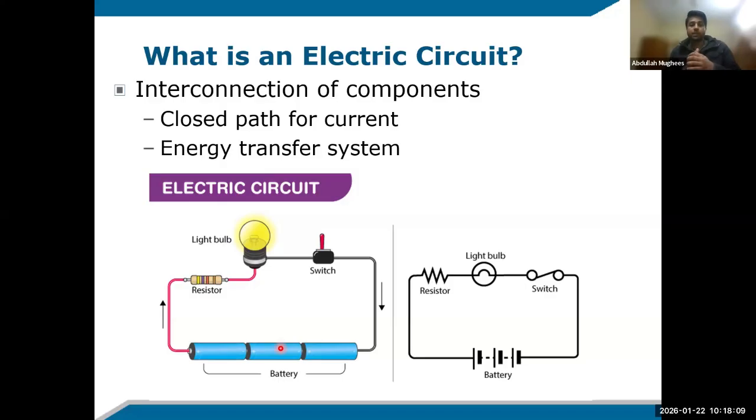So a circuit is usually designed to attach all components to each other so that the energy can flow from those cells, batteries, or whatever the power source is to those individual components in the required manner. A circuit is designed to transfer the energy to those components in the required form.